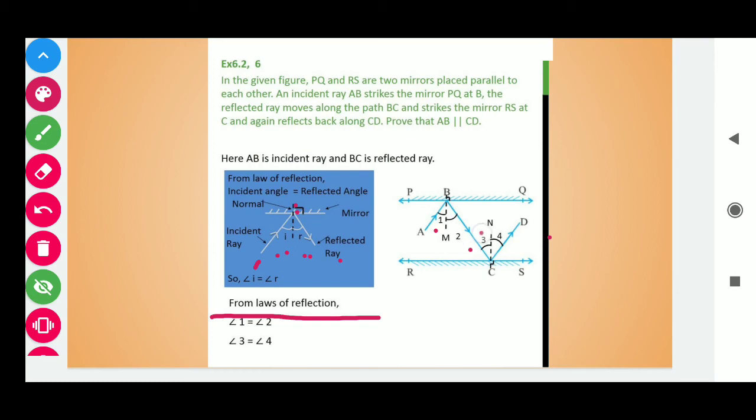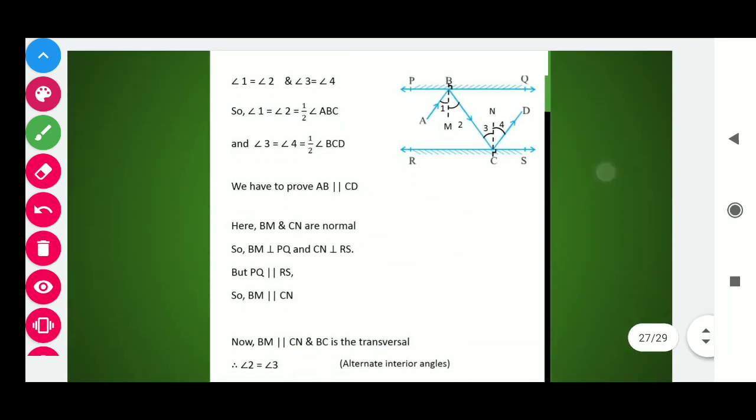Similarly, angle 3 is equal to angle 4. Now students, if these two angles are equal, so each will be half of ABC because both are equal. Similarly, angle 3 is equal to angle 4 and this is equal to half of BCD because both are equal.